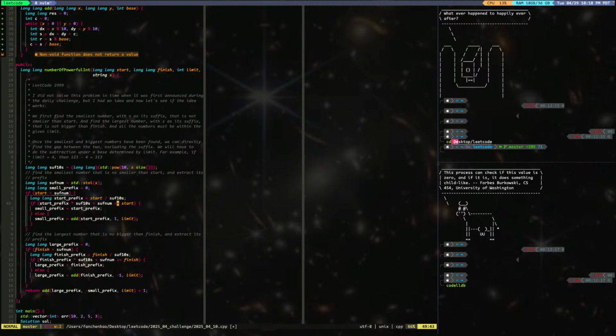And we will say it's larger than the suffix, and we get the start prefix. Okay, so we have the start prefix. Now, if the start prefix, and we need to fix it, right? We need to fix it.